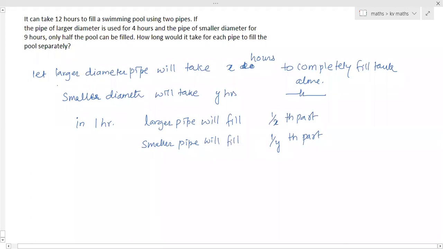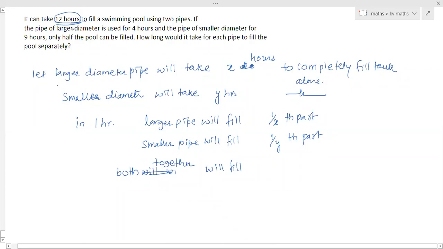And they are completely filling in 12 hours. If both of them are working together, they completely fill the pool in 12 hours.